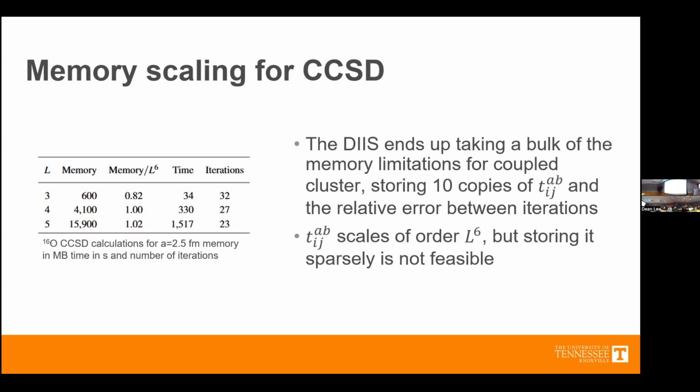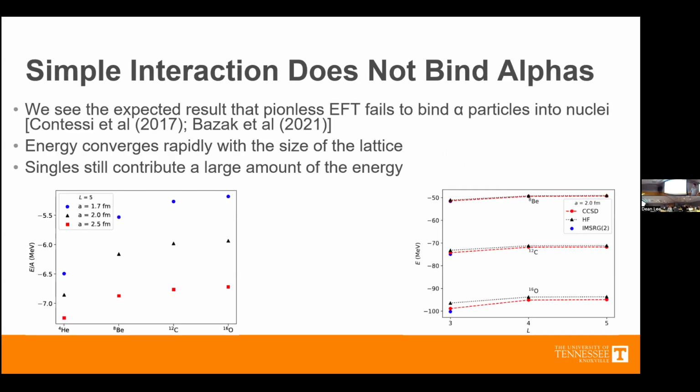The DIIS itself takes a lot of memory because it stores effectively 10 copies of this T_abij and the relative error between previous steps, so that's effectively 20 copies, which, like I said, scales like L to the 6. This is an expected result, that we just get multiples of that.